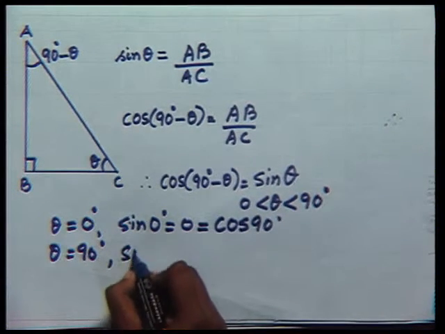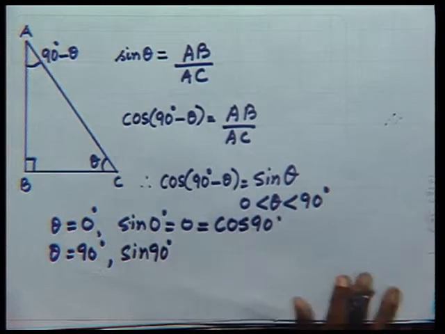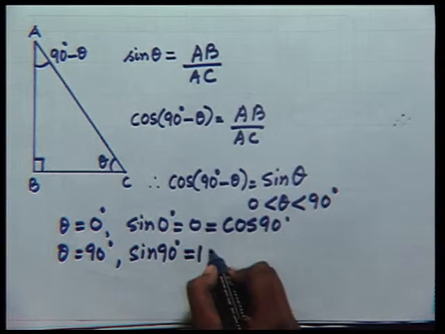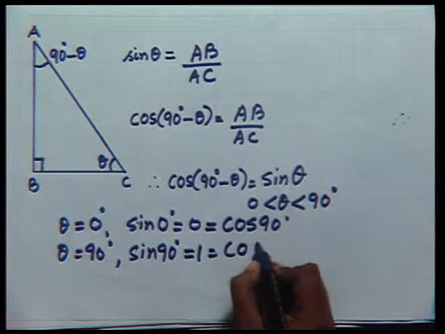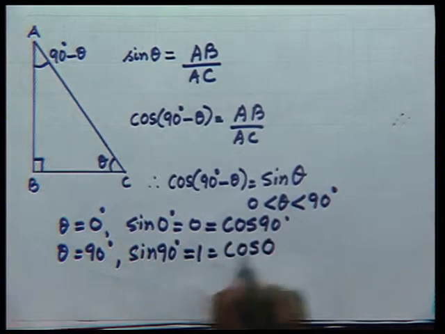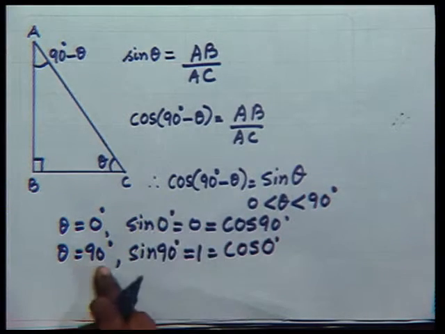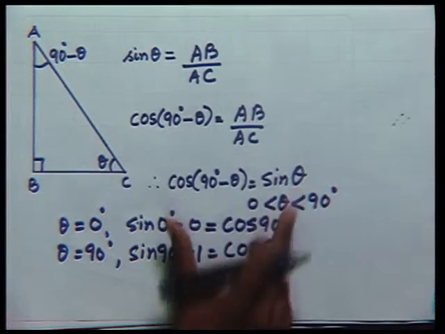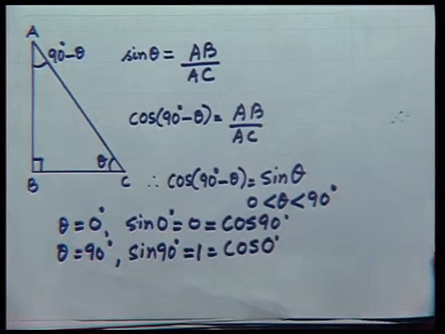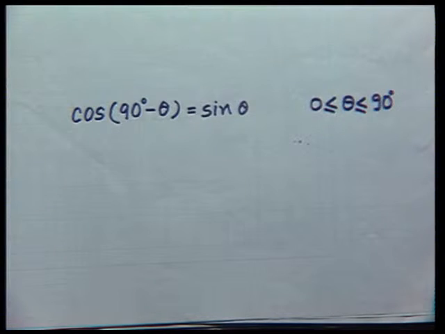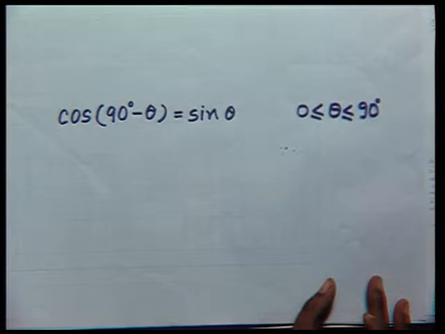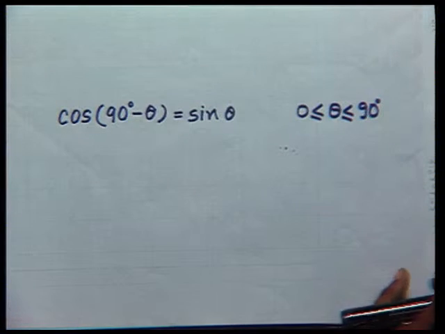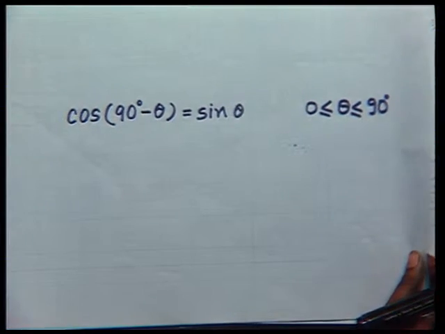We have sin 90 equal to 1 and cos(90 minus 90) becomes cos 0, whose value is again 1. So, for theta equal to 90 degrees also we find that this equation is defined, and hence we have cos(90 degrees minus theta) equal to sin theta for every theta greater than or equal to 0 and less than or equal to 90 degrees.